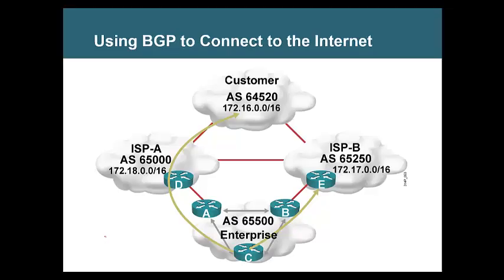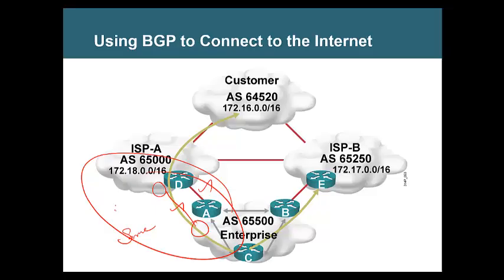Now, what is dual homing? There is another word called dual homing that is also used in the real world. Dual homing is this: you have two connections with the same upstream.